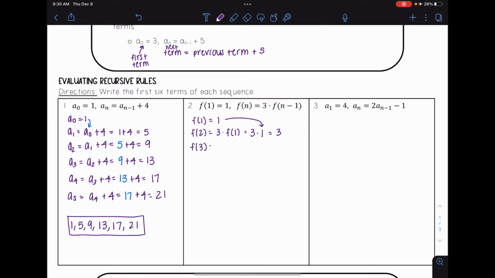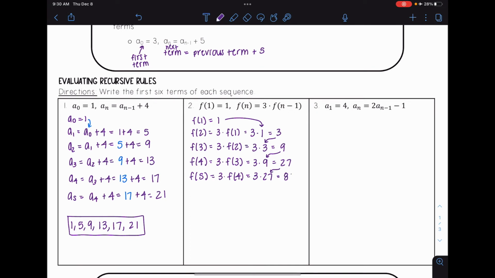f(3) is going to equal 3 times my previous term, which is f(2). So I have 3 times f(2), which we just found to be 3. And so I get 9. f(4) is equal to 3 times my previous term, which is f(3). So I have 3 times f(3), which we just found to be 9. And I get 27. f(5) is equal to 3 times my previous term, which is f(4), which we just found to be 27.